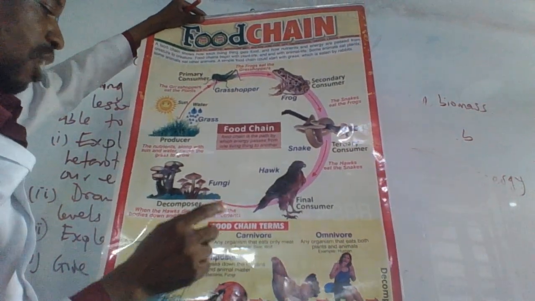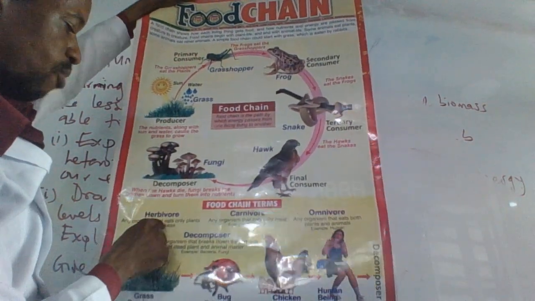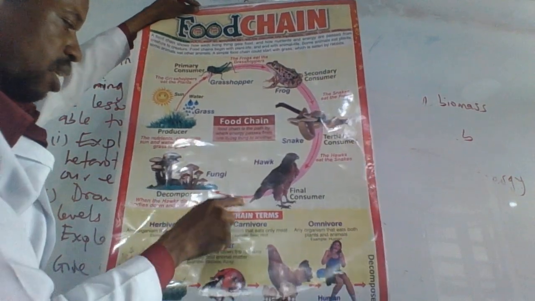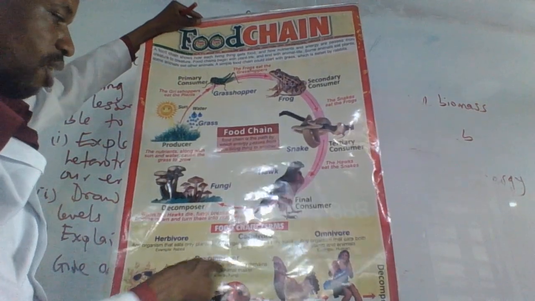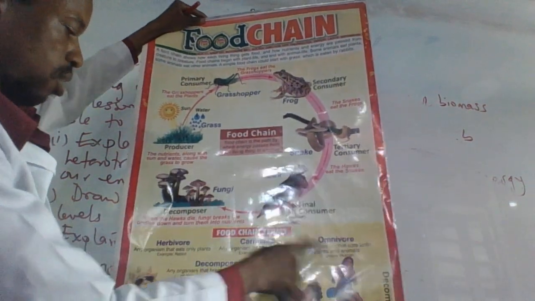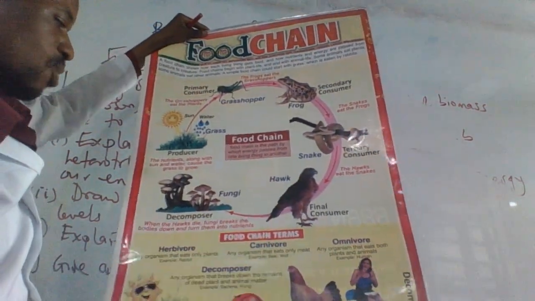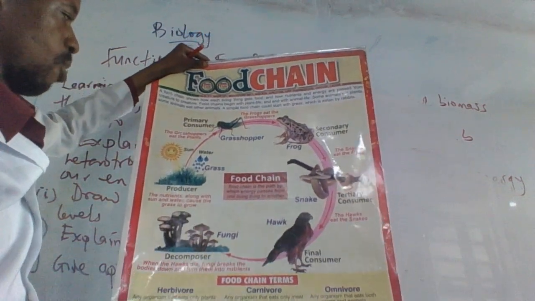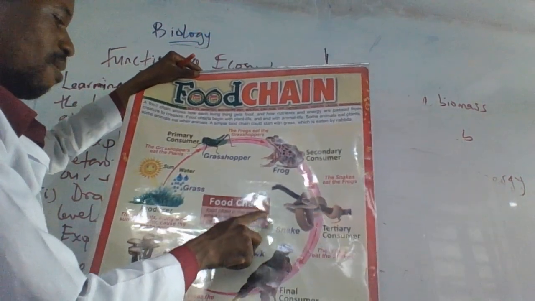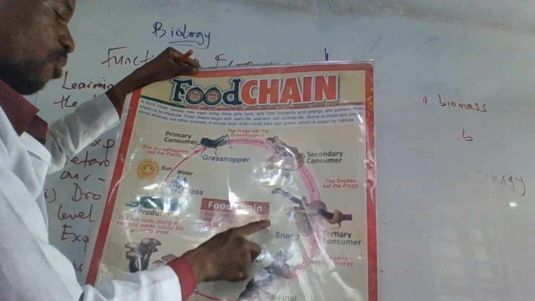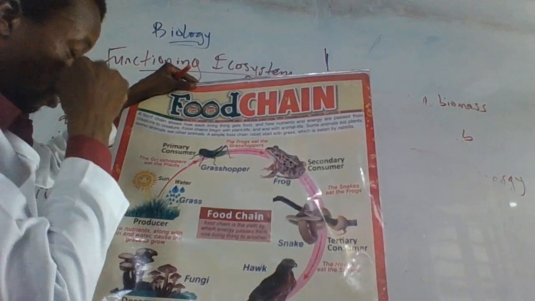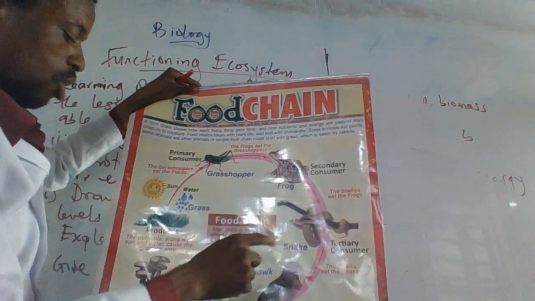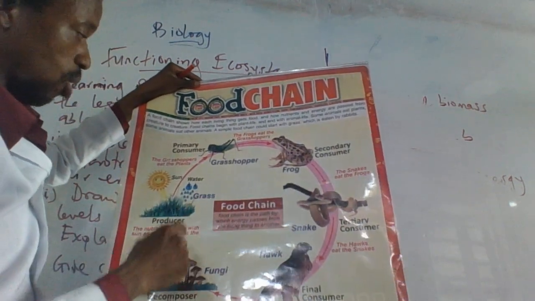So when it comes to the food chain, the herbivores, the producers, the autotrophs, then the carnivores and omnivores are the heterotrophs. And the decomposers are the ones that feed on either this or this. So from there we have a balance in the ecosystem. A food chain is the path by which energy passes from one living thing to another, especially from the autotrophs to the heterotrophs, to the decomposers, and back to the autotrophs.